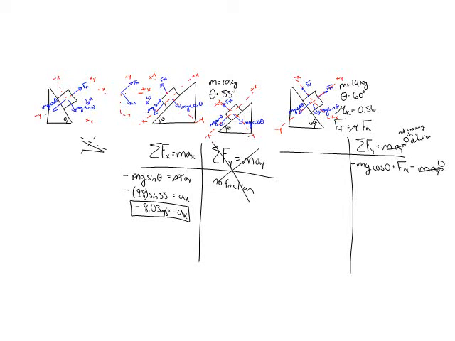Okay, we're going to solve for Fn. How am I going to do that? We're going to move this term over to this side. Fn equals mg cosine theta. All I did was move it over to that side. So now I can solve for Fn. Add mg cosine theta to both sides and simplify.